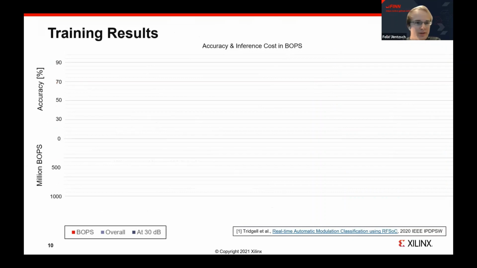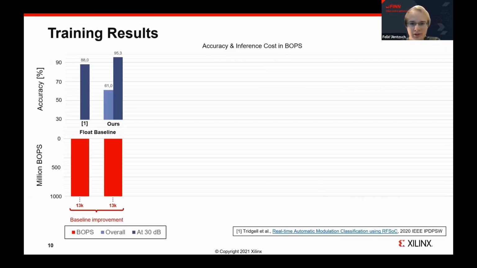This slide gives an overview of the most interesting training results. The top graph shows both the overall accuracy in light blue and the high SNR accuracy at 30 decibels in dark blue. The bottom part shows the analytical inference cost in million bit ops. First we started with a floating point baseline, which, by the way, is significantly better than some other floating point baselines for this VGT10 that we have seen.